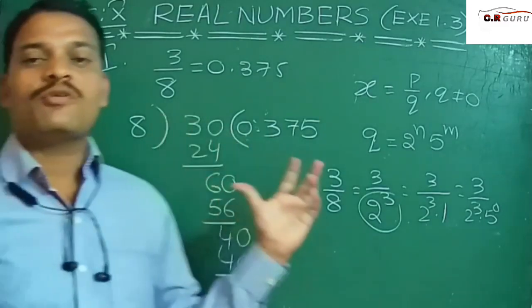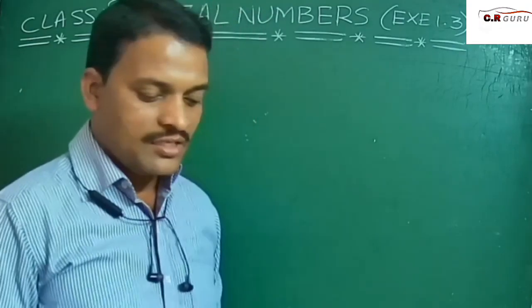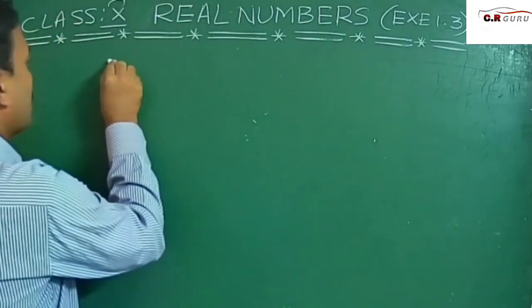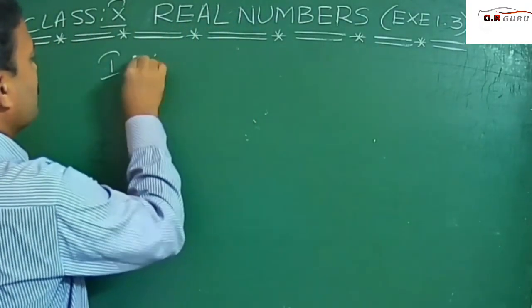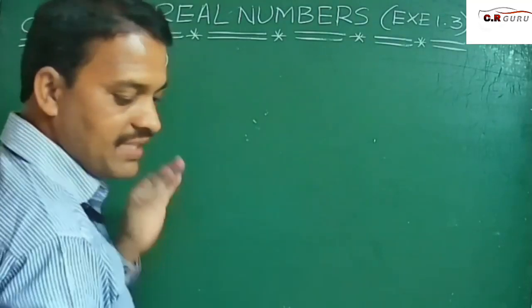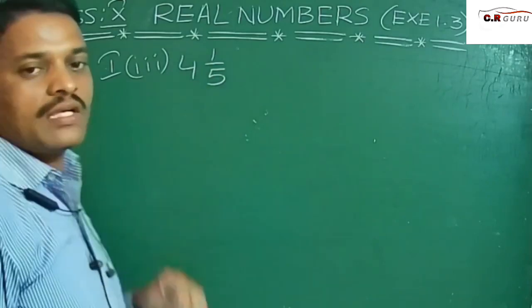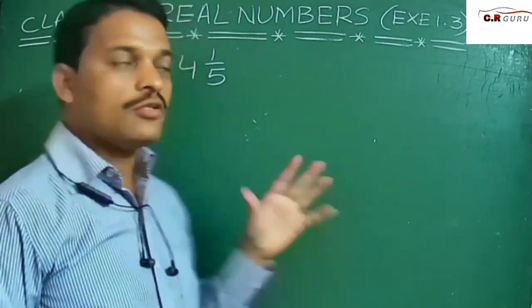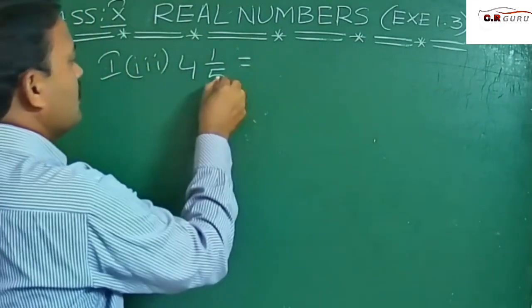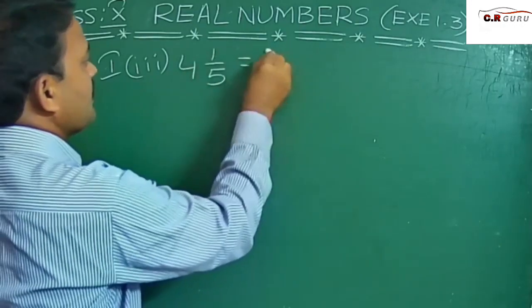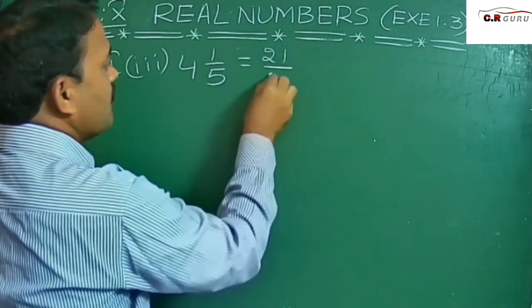Okay, I'm going to explain the next sum. Taking the first problem's third sum, a mixed fraction is given: 4 1 by 5. How to write this? 4 fives are 20 plus 1 is 21 by 5.